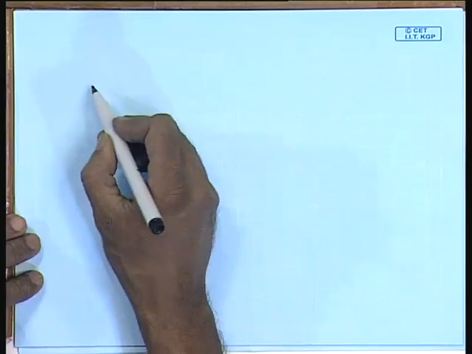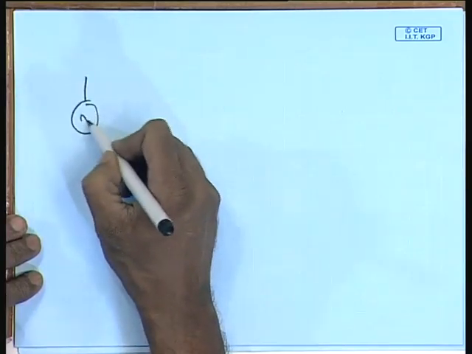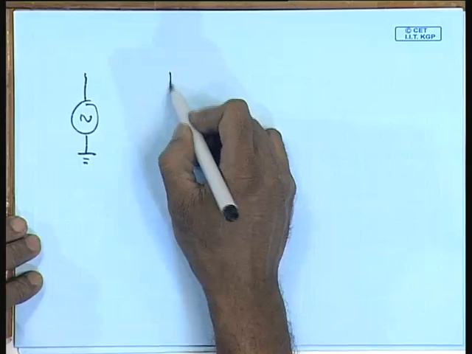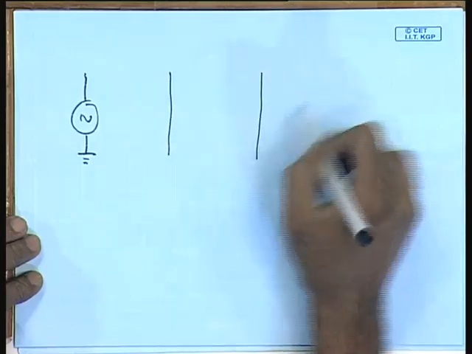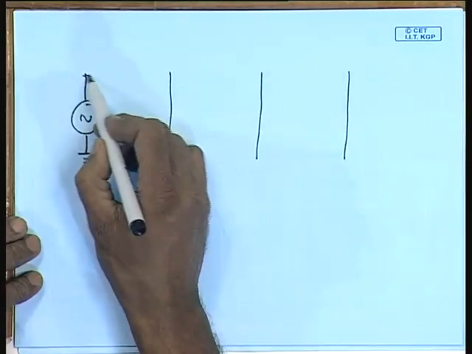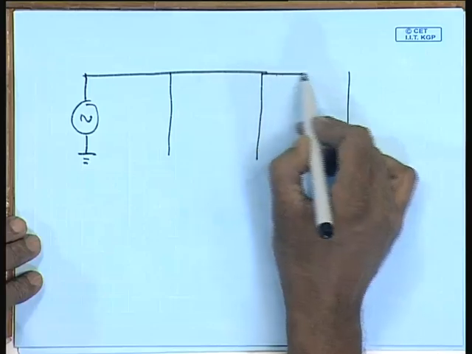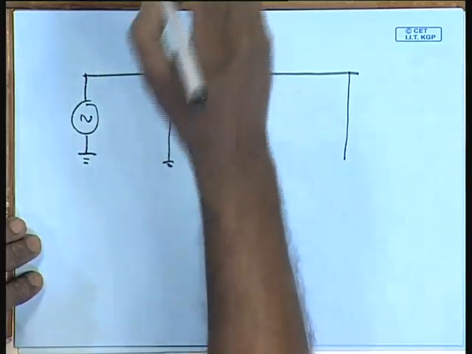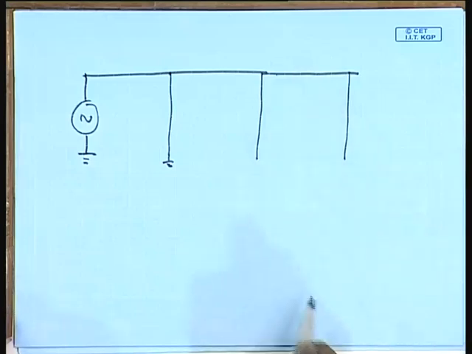Now, in order to transmit this power from the generating station to the load, we will need to erect transmission towers, and the larger the voltage, the higher will be the height of the transmission tower. So, there will be some cost associated with constructing these transmission towers.